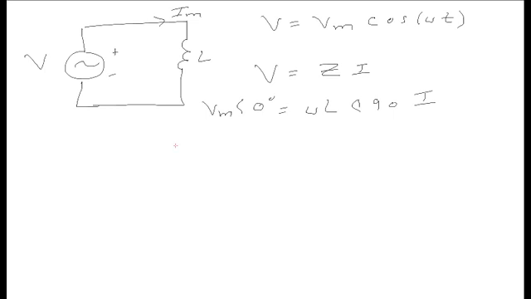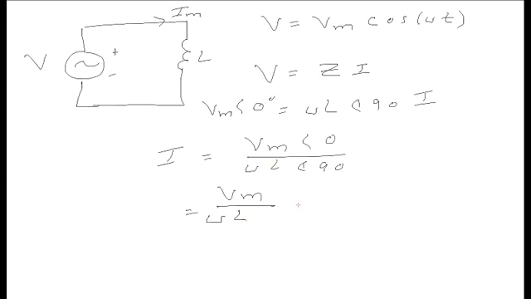Okay. I, as a phasor, is going to be Vm angle 0 over omega L angle 90, or Vm over omega L angle negative 90 degrees. So, what does that tell us? A couple of things.